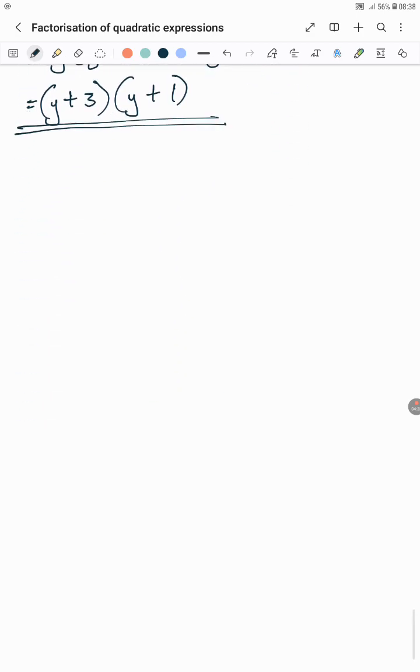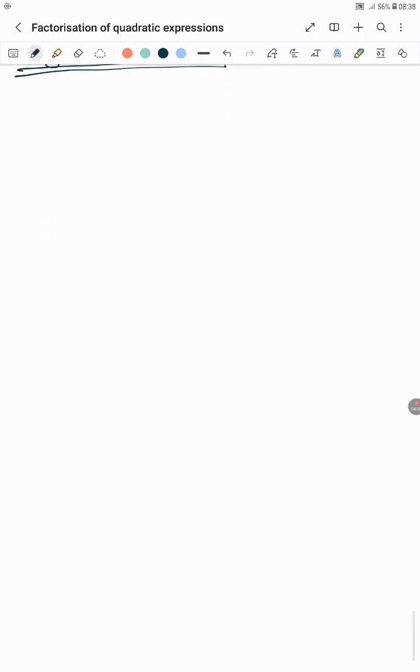Okay, let's look at another example. If we have y squared plus 10y plus 25, and you are asked to factorize it, you're going to multiply the first and the last, and you get plus 25y squared.